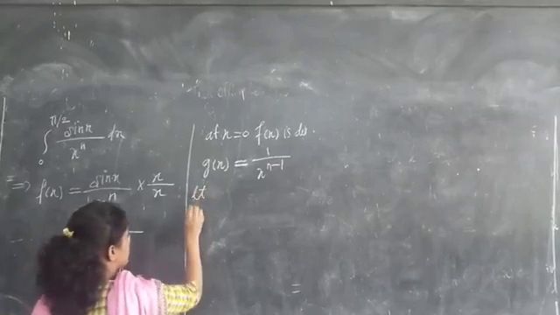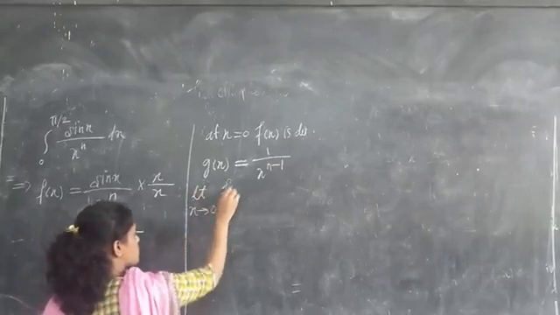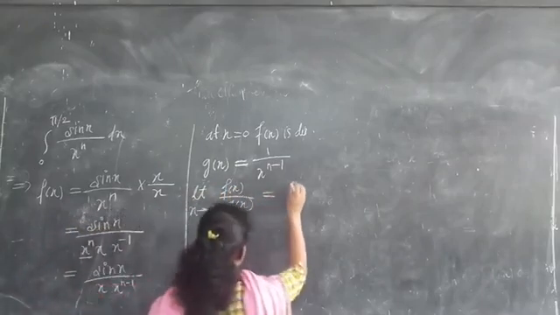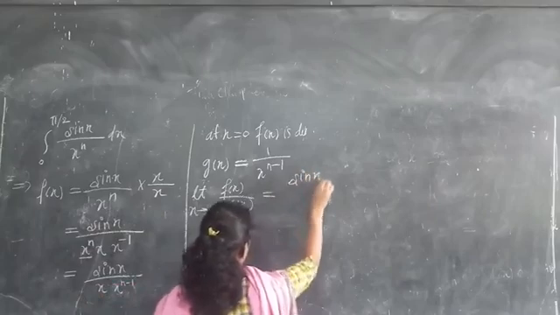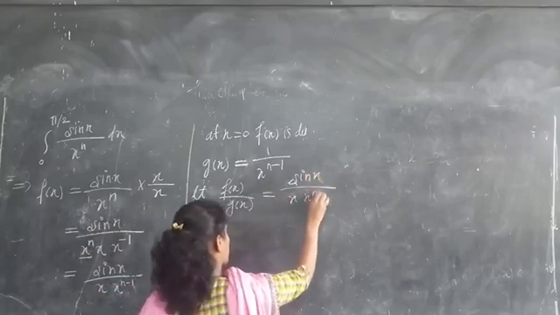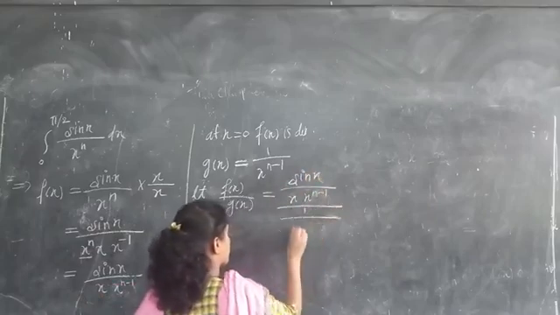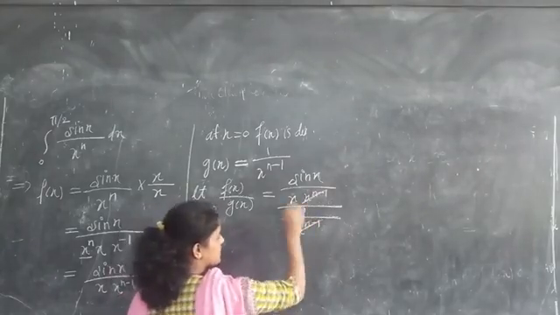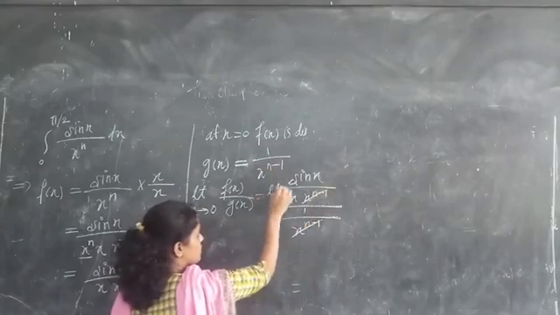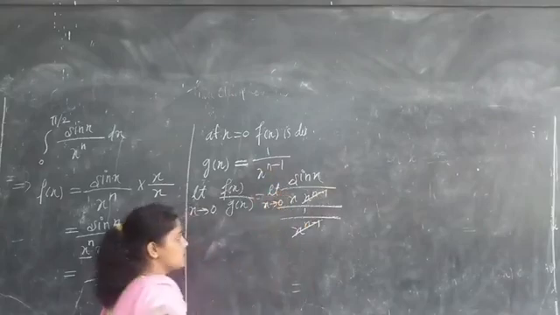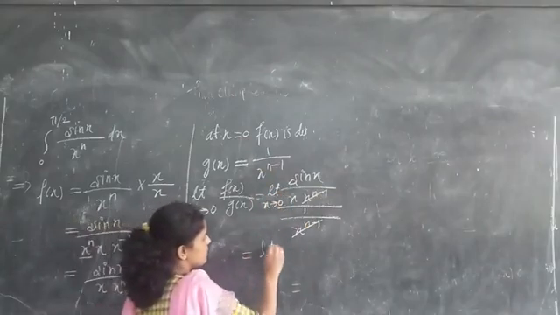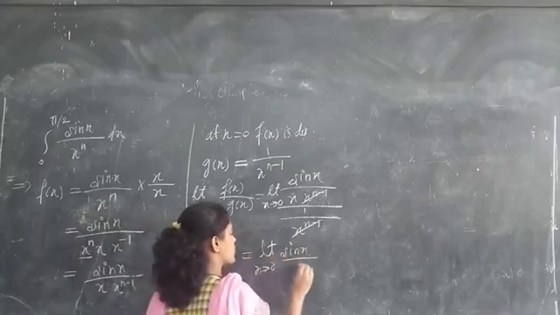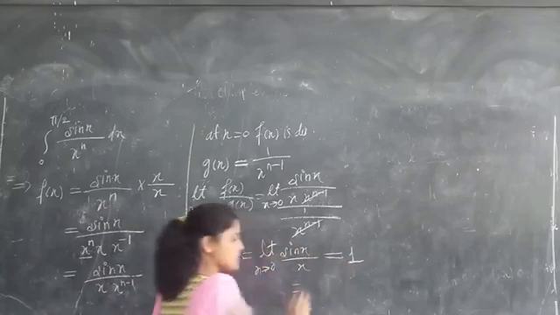Now write down limit of x tends to 0 of f of x divided by g of x. Our f of x is sine of x divided by x into x to the power n minus 1, divided by 1 divided by x to the power n minus 1. So this will get cancelled. Then what is left is limit of x tends to 0 of sine of x divided by x, which is always 1.